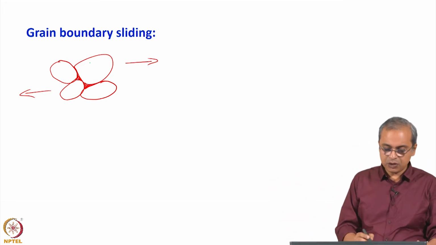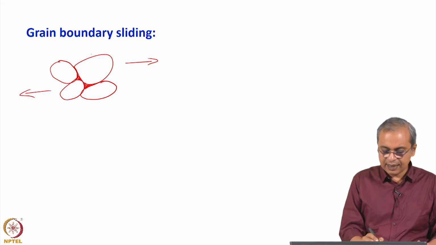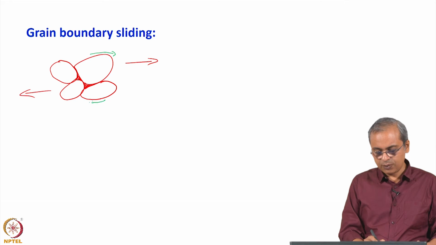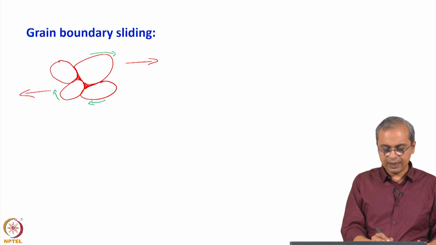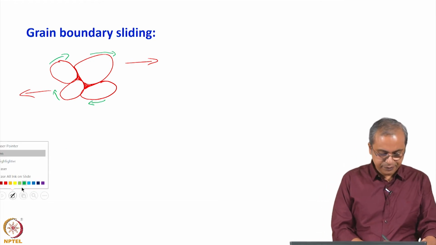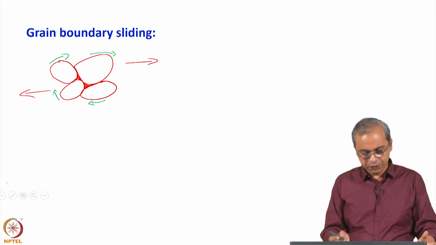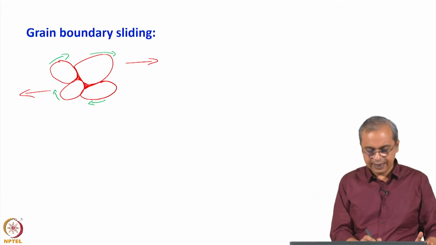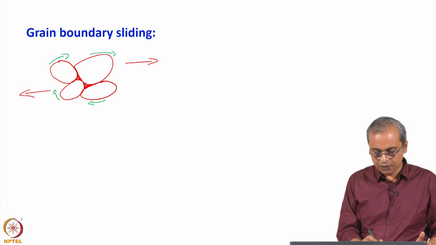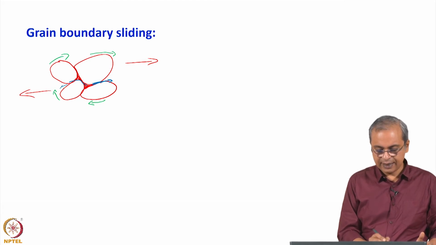We are now looking at a situation where, because of the way the stresses are, this grain is trying to twist that way, this grain is trying to twist this way, this is trying to twist that way, this is trying to twist this way, and so on. So, you can have some kind of rotation, and you can also have grains sliding. This top grain is sliding in this direction at this interface, and these two grains are sliding in that direction.